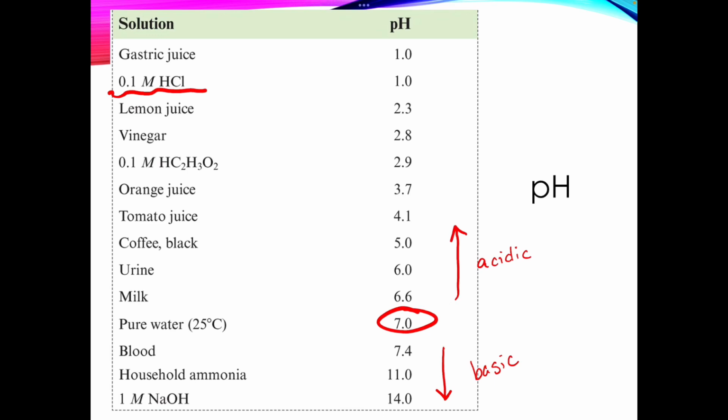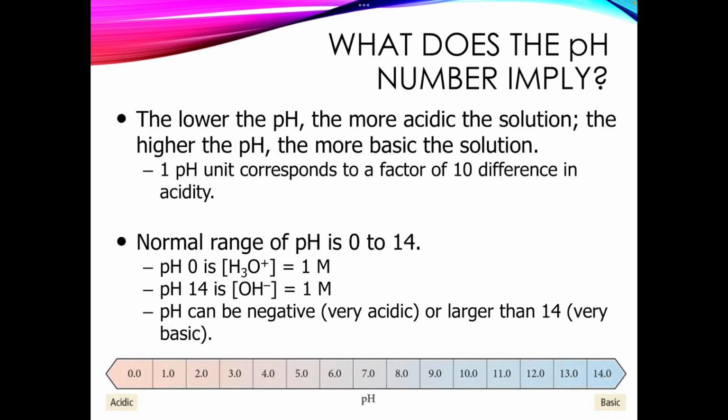But for the purpose of this class, it is slightly basic. Mostly neutral, right, because it's pretty close to 7, but it is slightly basic. Ammonia, like we were talking about earlier, is basic, and 1 molar sodium hydroxide is a common base that we use in class.